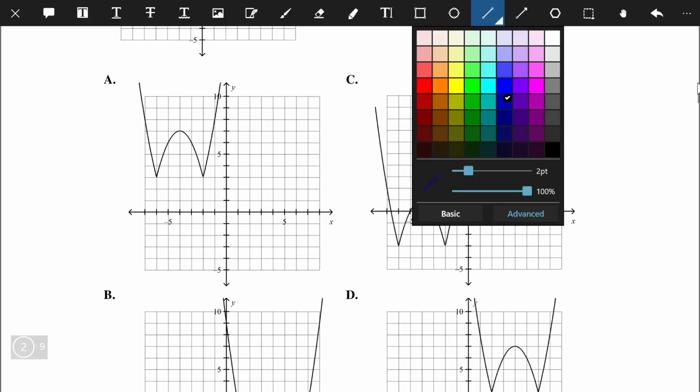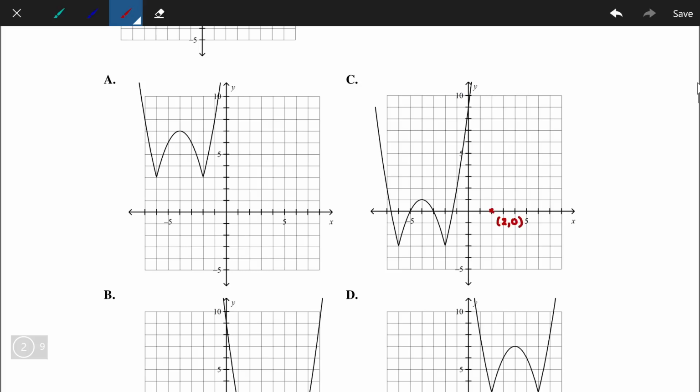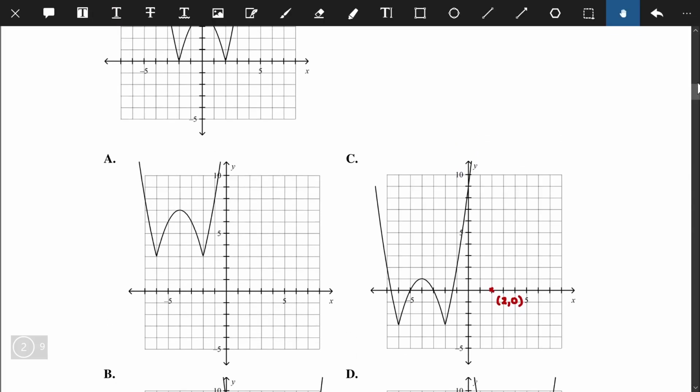Since the original function contained this point here, 2, 0, and the point 2, 0, which is this point here, was moved left 4 and down 3.